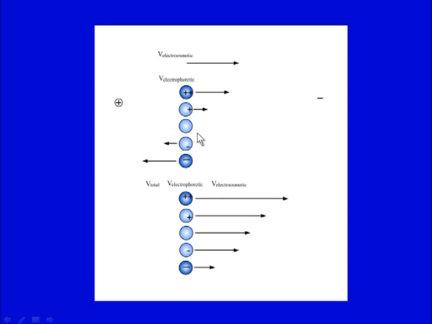Likewise, neutral species will just move through, but not as rapidly as the positively charged species. Negatively charged species will experience electroosmotic flow, but will tend to move towards the other side, that is towards the anode, depending on how much charge it carries. So, what is the net flow here?